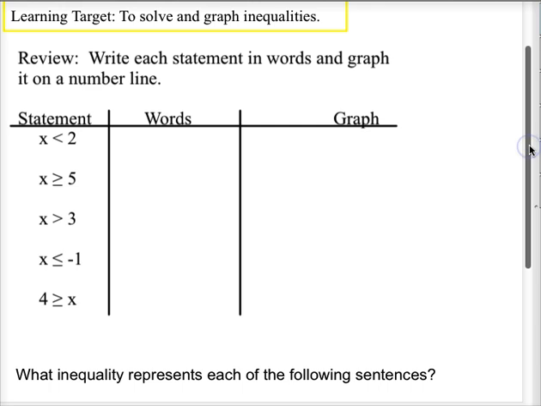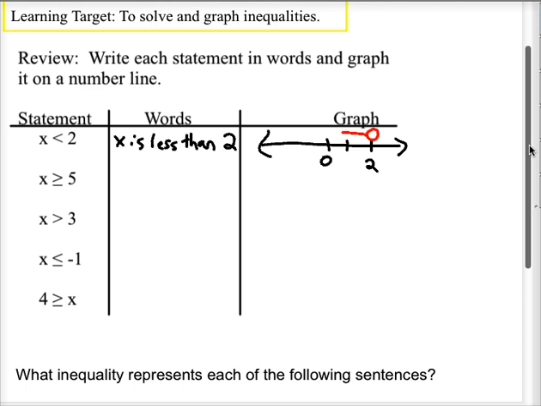So to review what these look like, we're going to talk about what they look like in words and then graphing. So this first one, how would we say that? Well, we would say x is less than 2. That's how we would say it in words. Now, graphically, what are we talking about? Well, if that's 0, 1, 2, remember, strictly less than, we're talking about an open circle.